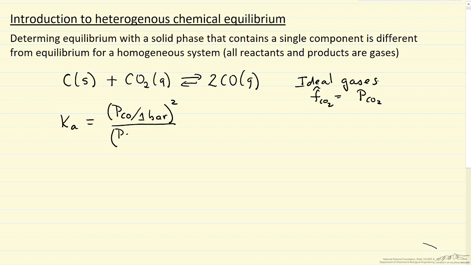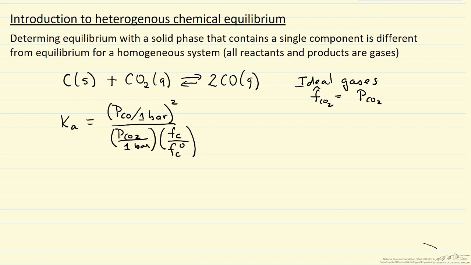And we have the pressure of CO2 also divided by 1 bar. And then we have the activity of the carbon, which is the fugacity of carbon at the temperature of reaction we're interested in, divided by the fugacity at the same temperature but at standard conditions, meaning at 1 bar pressure.